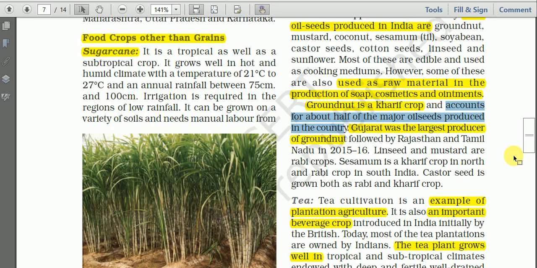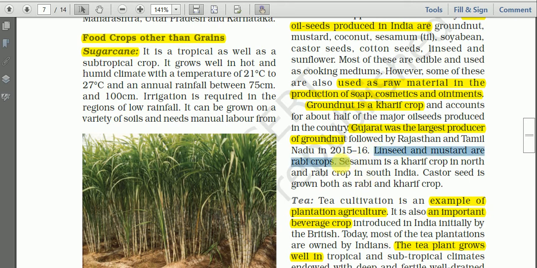Groundnut covers half of the total area covered by oil seeds, which means groundnut is the most important oil seed grown in India. And Gujarat is the largest producer of groundnut, followed by Rajasthan, then Tamil Nadu in the year 2015-16.